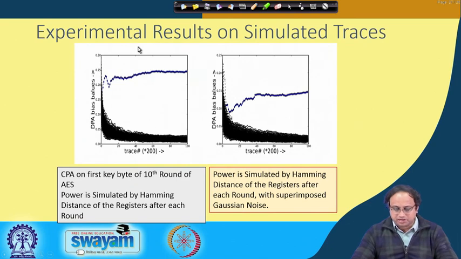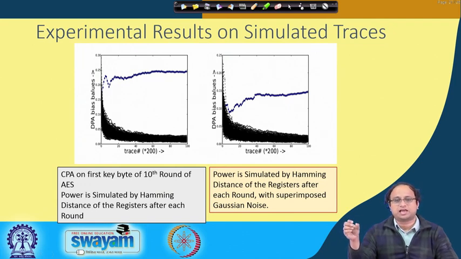So here is an experimental result developed on simulated power traces. We simulated the power traces by the Hamming distances of the registers after every round.